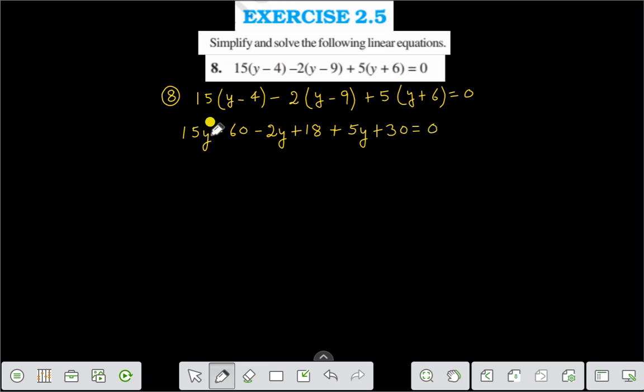Now if you see, 15y plus 5y is 20y, minus 2y is 18y.